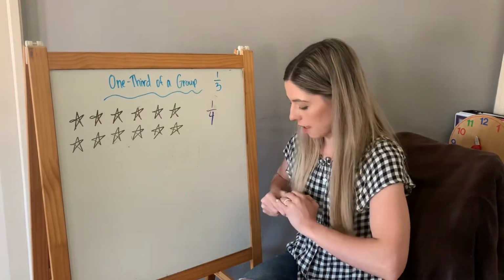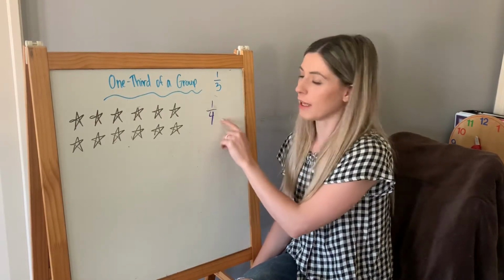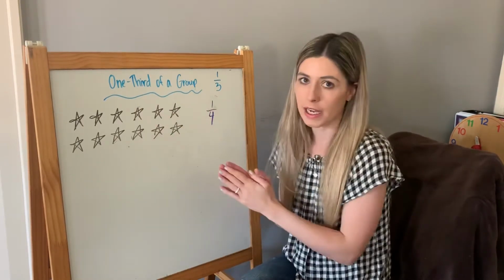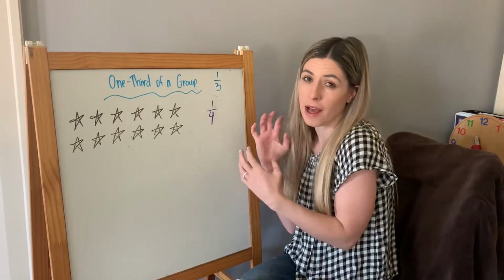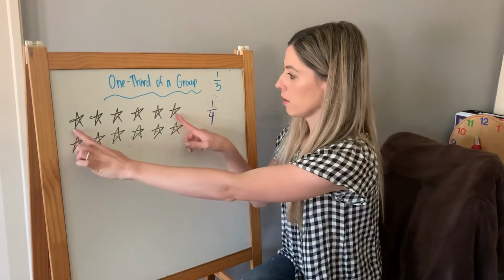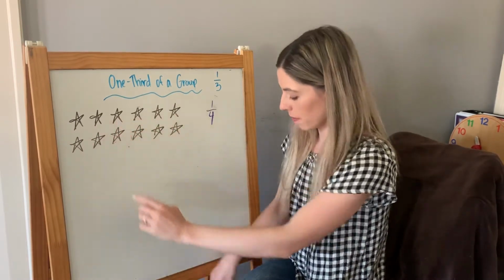So again, when I do fourths, 1/4, it is 1/2 of a half. So I'm going to cut it in half, and then I'm going to cut that half group in half again. So I'm going to go 1, 2, 3, 4, 5, 6. That's where I'm going to meet.